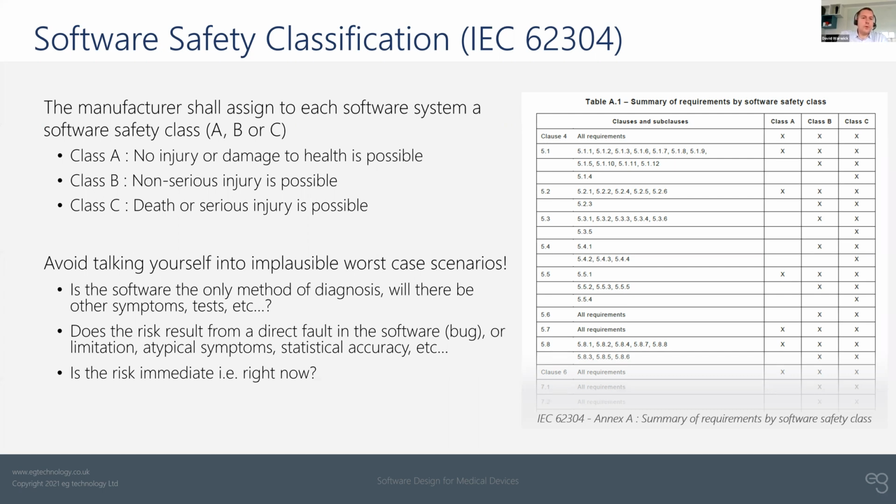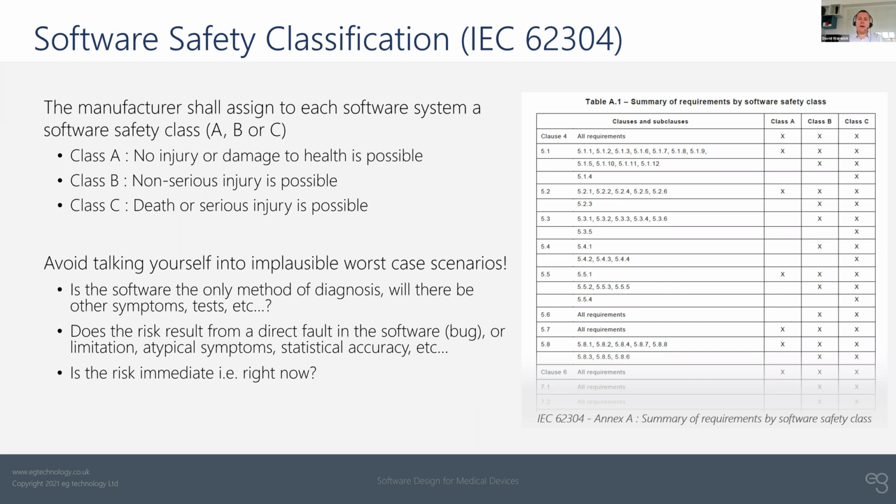counsel you to avoid talking yourself into implausible worst case scenarios. It's very easy doing the risk assessment to think about a chain of events that leads to death. If this happens, then this happens, then this happens, then the patient suffers some serious consequences. You have to roll that back a little bit and think about whether the software can really influence that there and now.